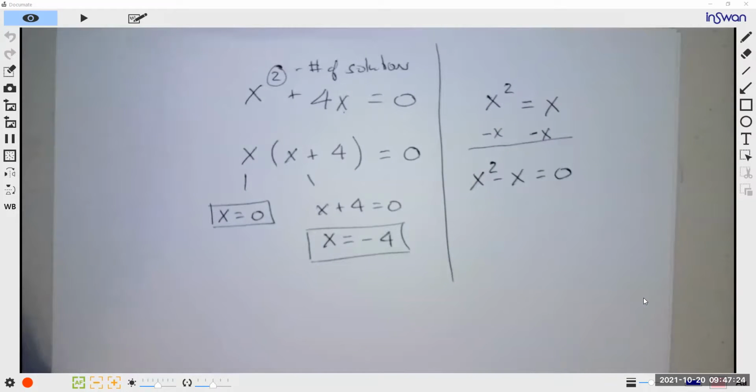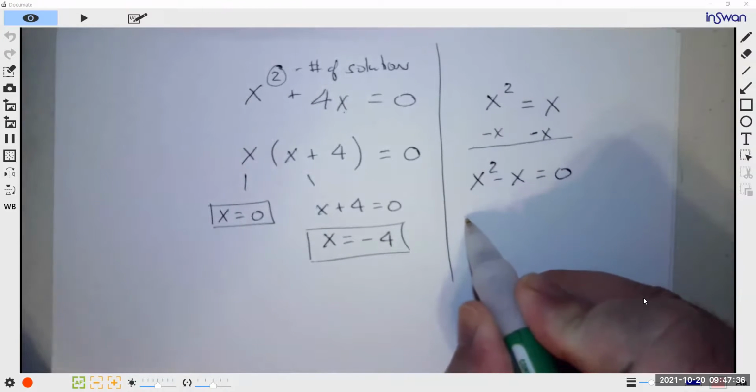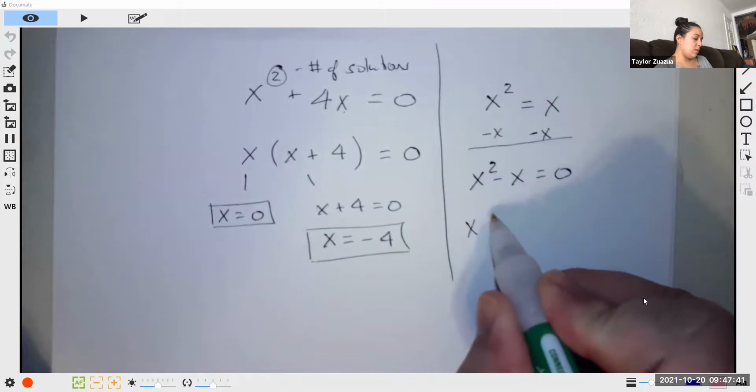You have to get all the x's to one side. So what do you do? Use the factoring method. You factor the x out, so you put x in front of parentheses.